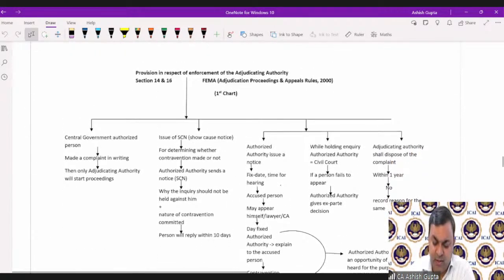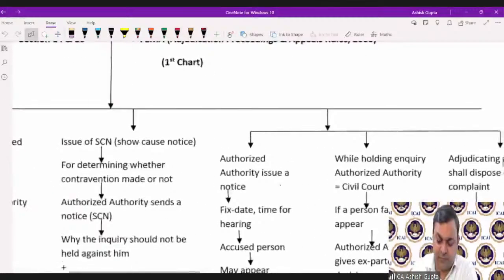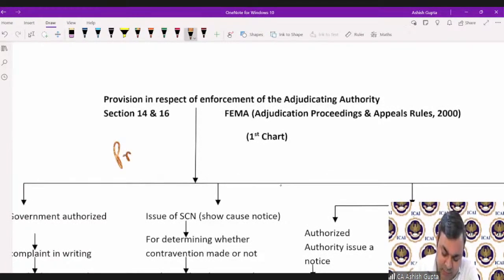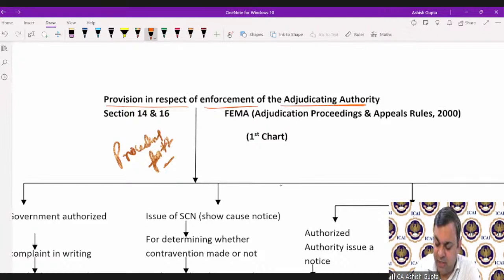Okay. Provision in respect of enforcement of the adjudicating authority, which is section 14 and 16.